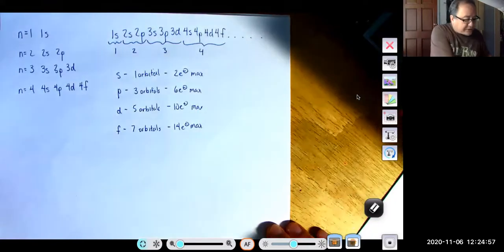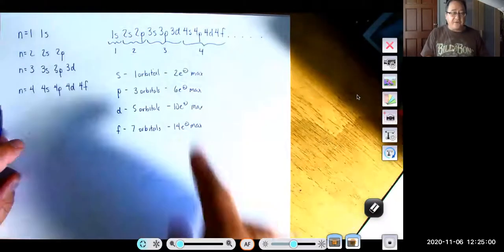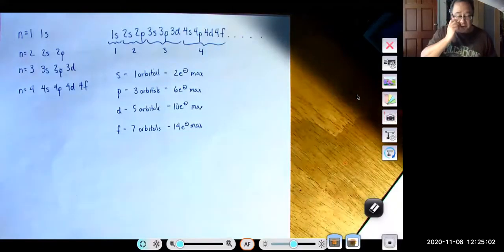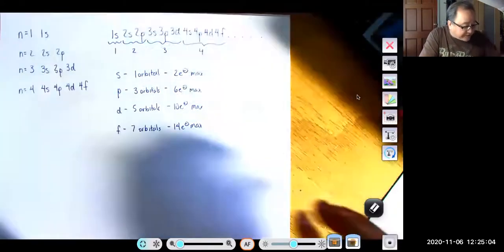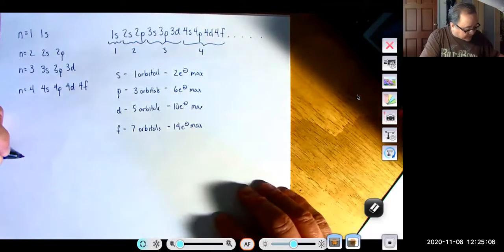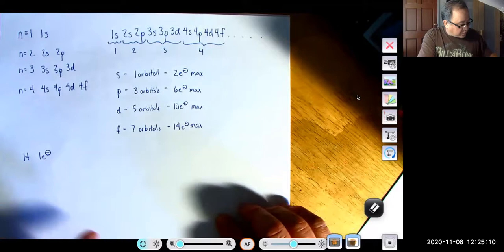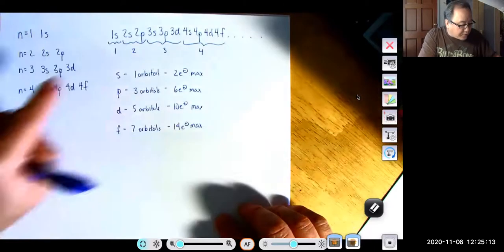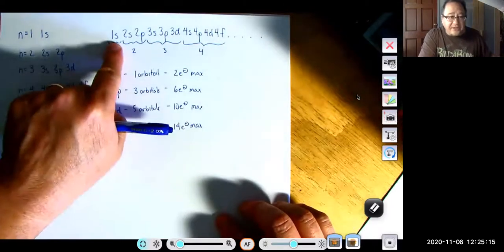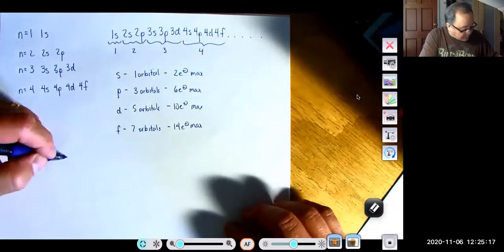So we can use this to kind of figure out the electron configuration of atoms. So let's try and use this to figure out the electron configuration of hydrogen. So hydrogen has 1 electron. So where do we put the electron? We put it in the 1s because it is most stable. So we say 1s1.